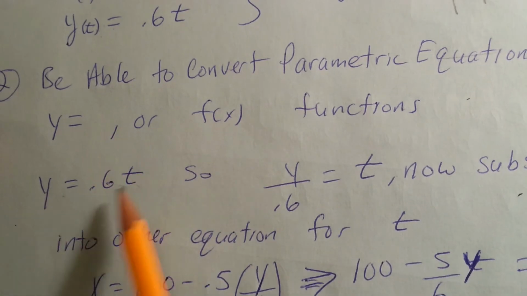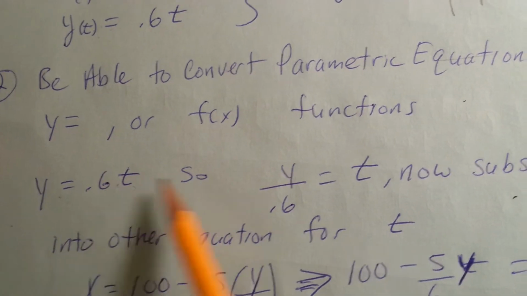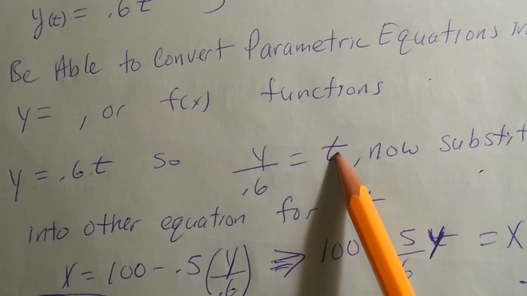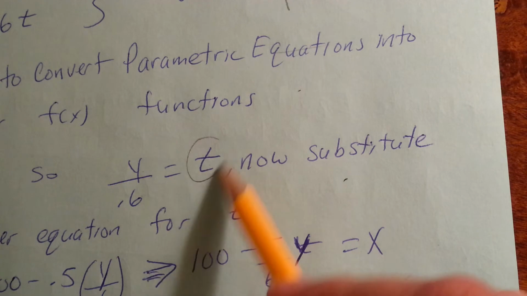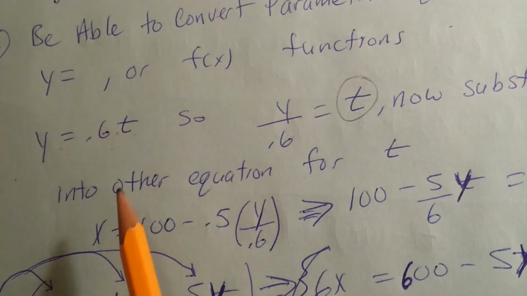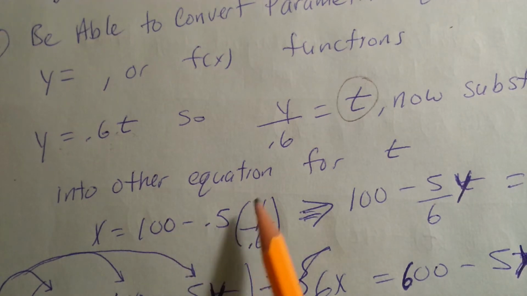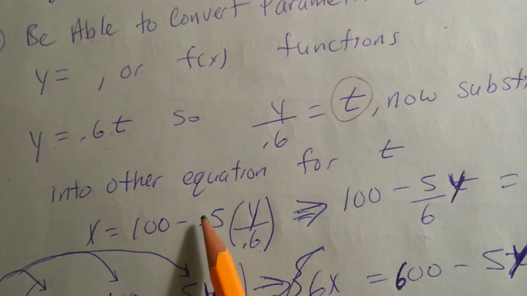Get rid of the t, all right? So I take y equals 0.6t and solve for t. If I divide both sides by 0.6, I get t equals y over 0.6. Now I have a value that I can substitute in for t. So I go back to the x equation, and 100 minus 0.5t is now 100 minus 0.5y over 0.6.